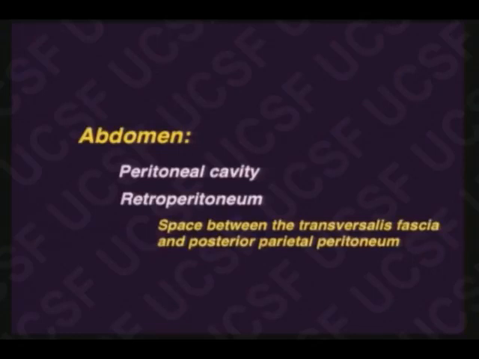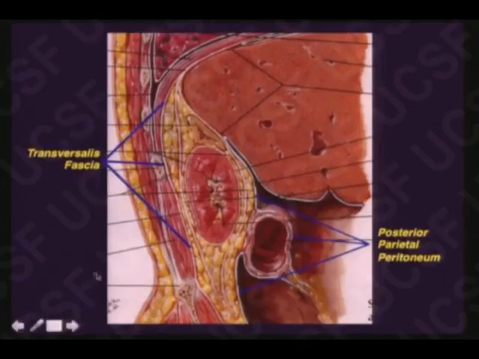The retroperitoneum is the space between the transversalis fascia and the posterior parietal peritoneum. So here we chose to dig through the back muscles. As soon as we got through them, we ran into our transversalis fascia. If we wanted to stand in the pleural cavity and dig through the diaphragm, we'd find the transversalis fascia.